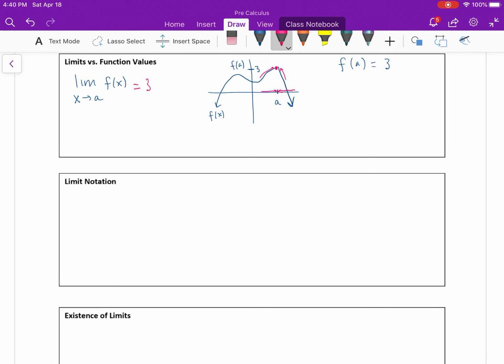So that's what we just got done saying with the limit notation. We have the limit as x approaches a value of a function. Now there's also the left-handed limit, and there's also the right-handed limit.